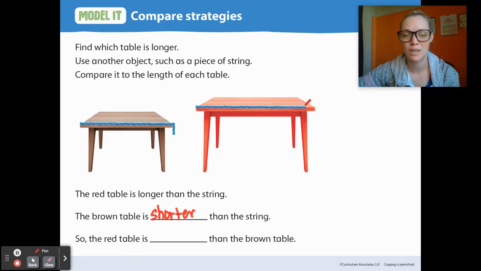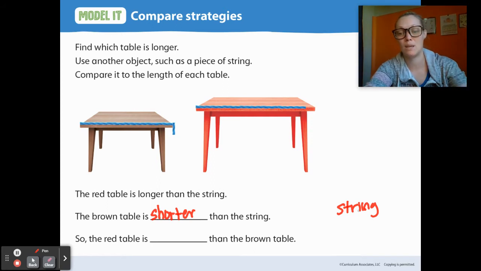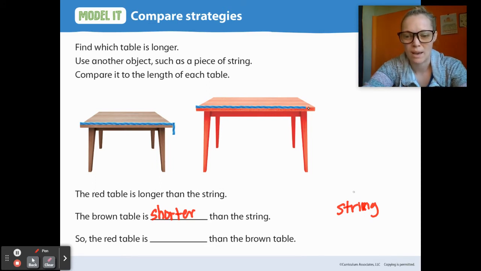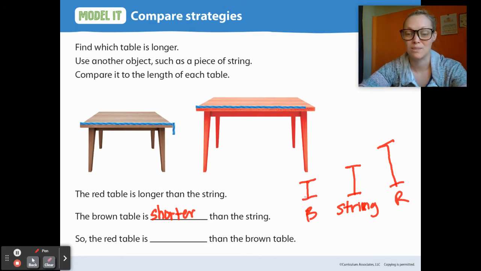I'm looking at this string and the red table is longer than the string. So here's my string, the object I'm comparing my tables to. If I want to draw a visual, I have a string, and my red table, I'm going to do an R for red, is longer than my string, and my brown table is going to be shorter than my string.